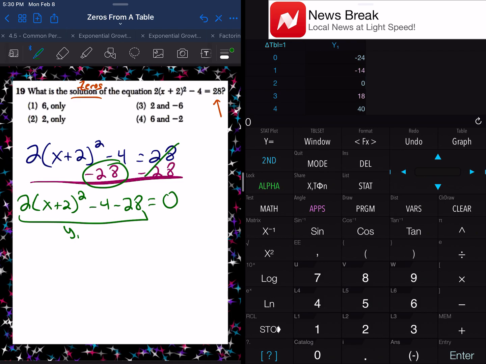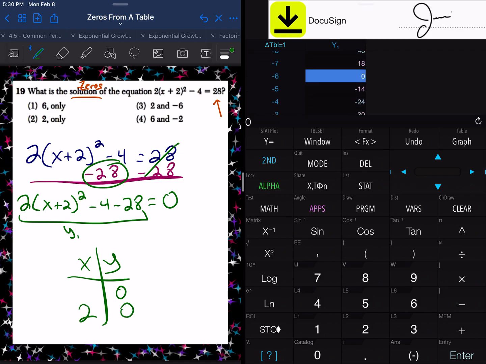Well, one of them on my screen here is +2, and if I scroll up, I see the other one is -6. So my choice would be choice 3, +2 and -6. The only thing that might throw you off here is this has to equal 0. So if it doesn't equal 0, you use inverse operations to make that happen.